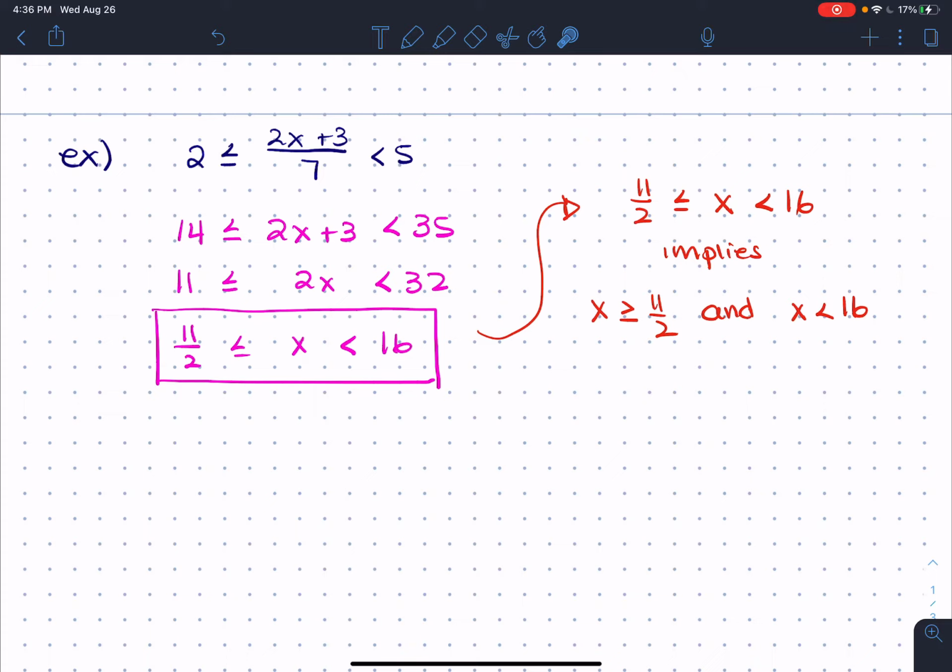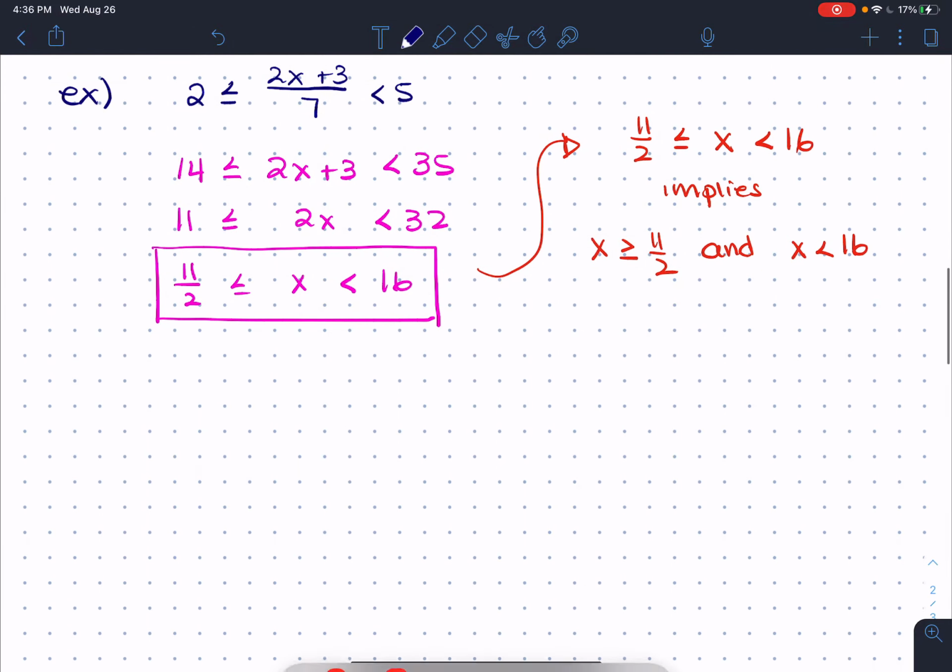Okay, if we just do one more compound inequality, all the fun stuff happens with the absolute values. Let's say that I had something like the absolute value of 3x plus 2 is greater than 5, or the absolute value of 2x minus 1 is less than or equal to negative 1/2.